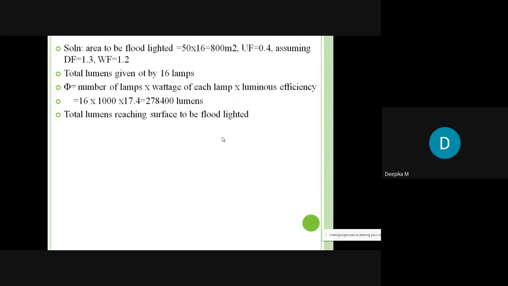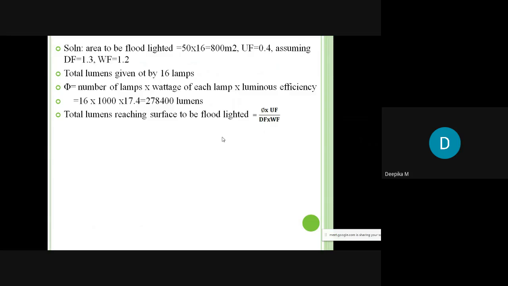But what about the total lumens reaching the surface to be floodlighted? How do you calculate this? This can be calculated by this formula, phi into UF divided by DF into WF. So like this you have to calculate.